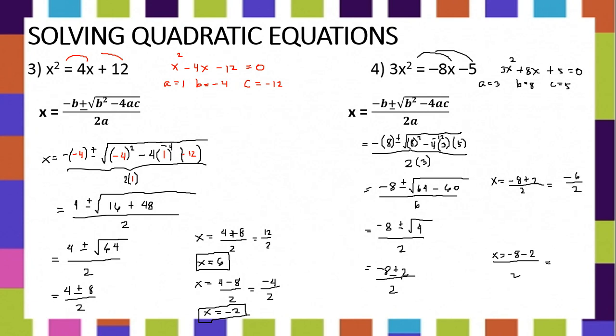Yung isa naman, negative 8 minus 2, negative 10 over 2. Pag parehas sila ng sign, i-add natin. Ito, magkaiba ng sign, sinubtract natin. Okay, solving for the x. X is equal to negative 6 divided by 2, negative 3. X is equal to negative 3.